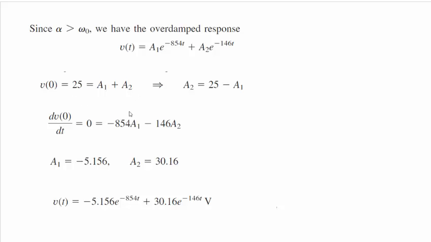Then we found the derivative of V0, and we found out that that was equal to 0. So we take the derivative of this equation, set T equal to 0, and that will result in this equation. So we have two equations, two unknowns. We can solve for A1 and A2. This is an interesting response because of two different signs. But it will still be an overdamped situation, and we get the final solution, which is a nice function that we can plot as a function of time.